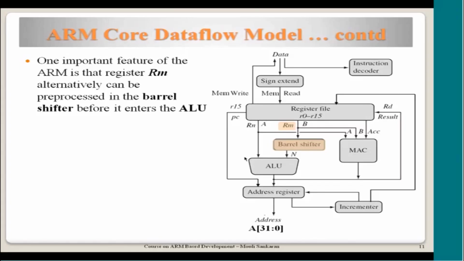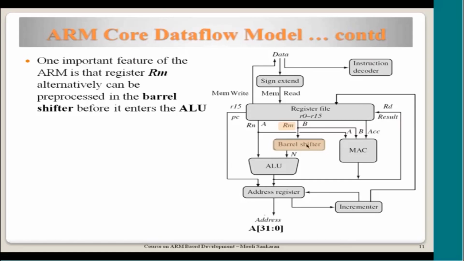So suppose addition is to be performed: R0 comes from here, and then you give an instruction saying that the second operand R1 is read and shifted by 4 bits to the left, and the content of that is added to R0.